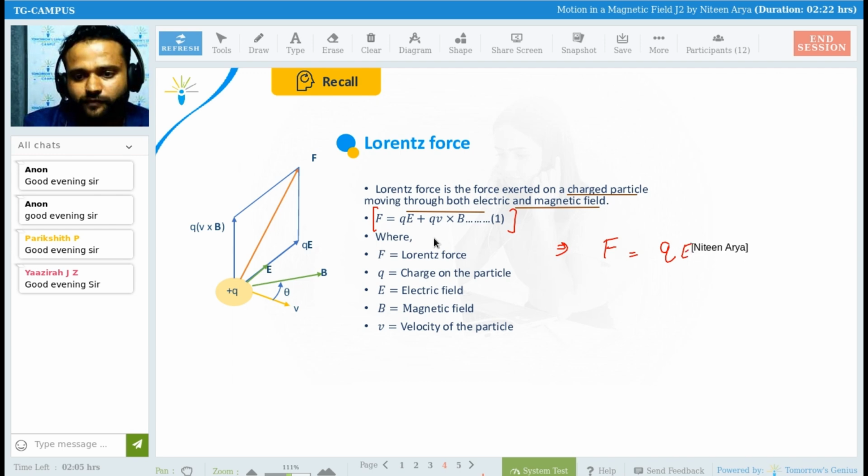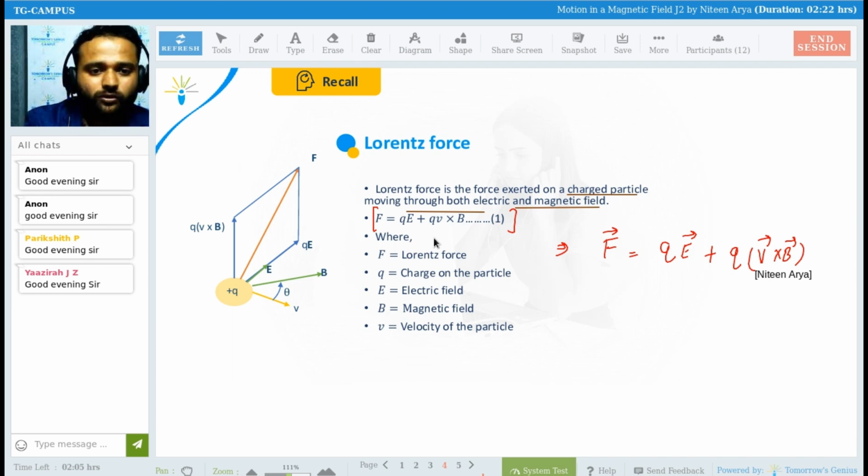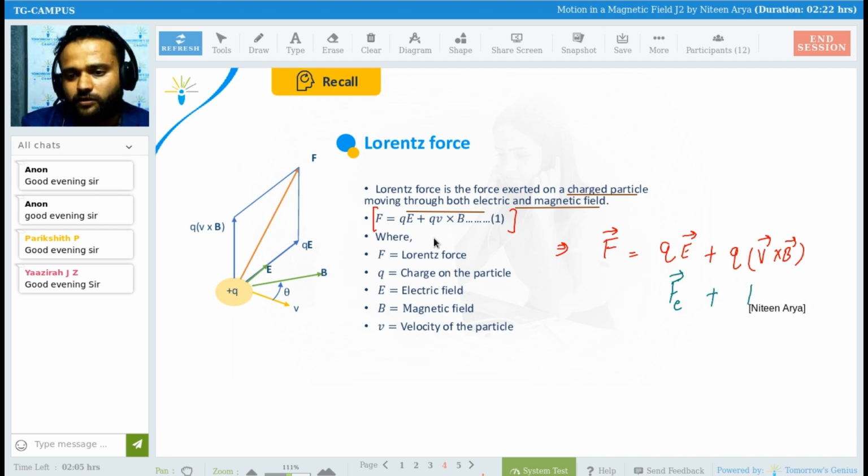QE is a force, so it is a vector, plus Q is a charged particle, so it is a scalar. This is your electric force. This is your magnetic force. As simple as that.